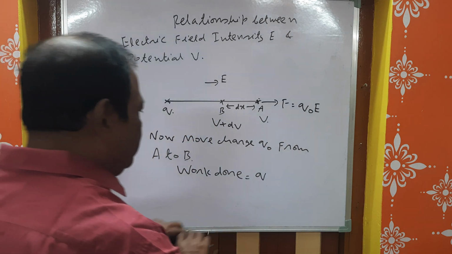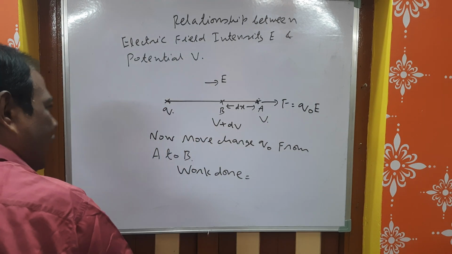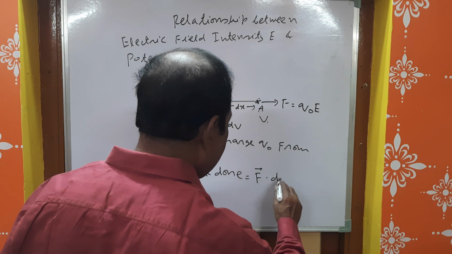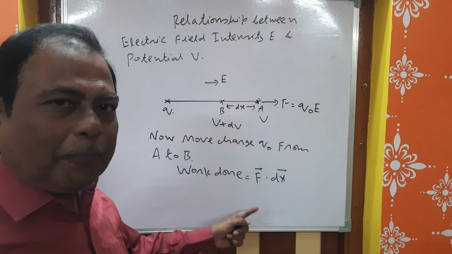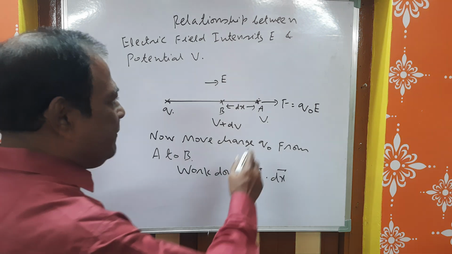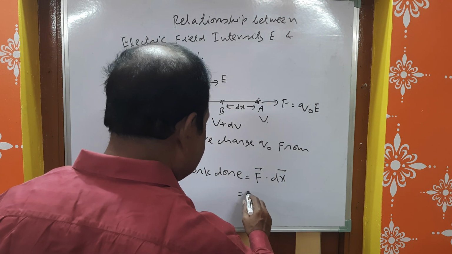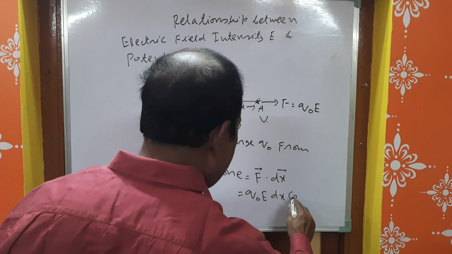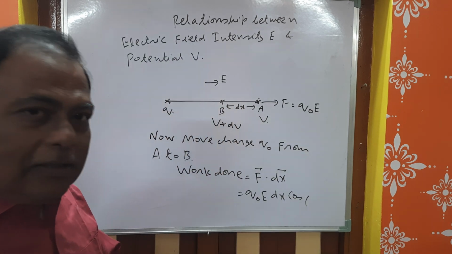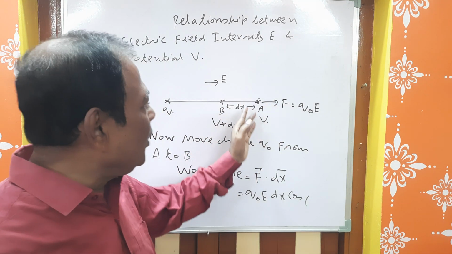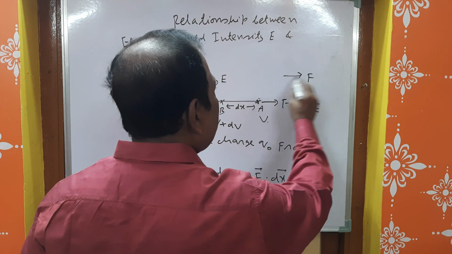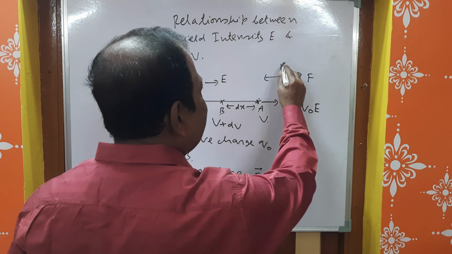Actually, you know, work formula is F dot dx. Dot product. F dx cos theta. F is Q0 E, distance dx, into cos of how much angle? This is the direction of force. You are moving from here to here. So angle is 180 degree.